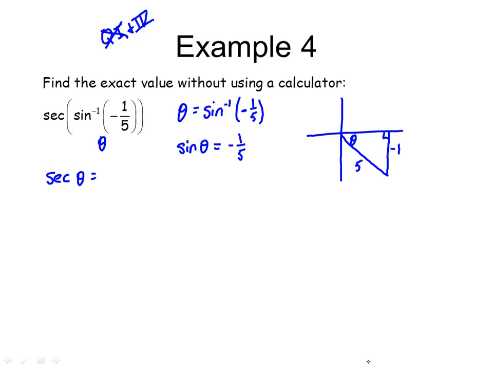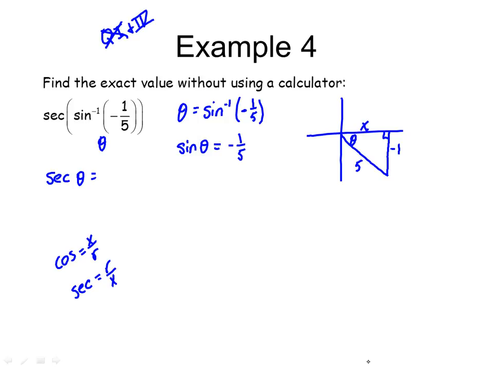So negative 1, which is your y, over 5, which is your r. We need secant. Secant is what? Secant is the inverse of cosine. Cosine is x over r. So secant is going to be what? R over x. We don't know x, do we? It's right here. We don't know what it is.